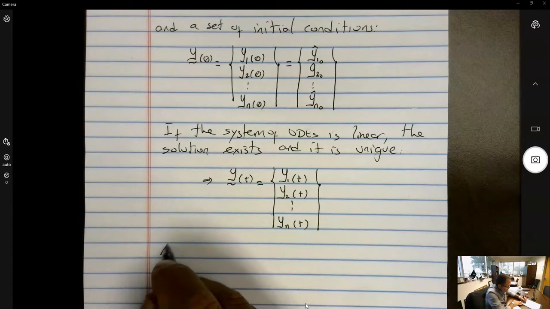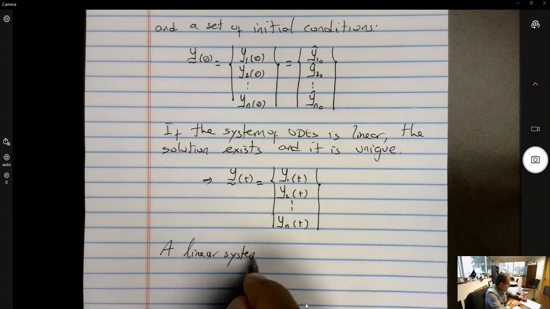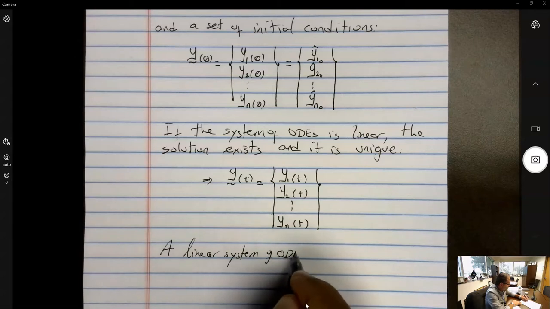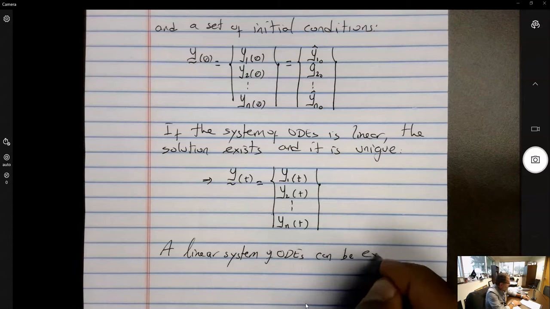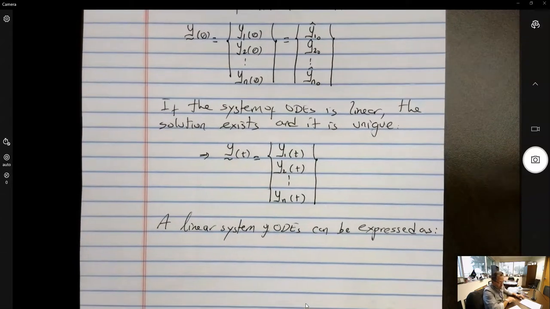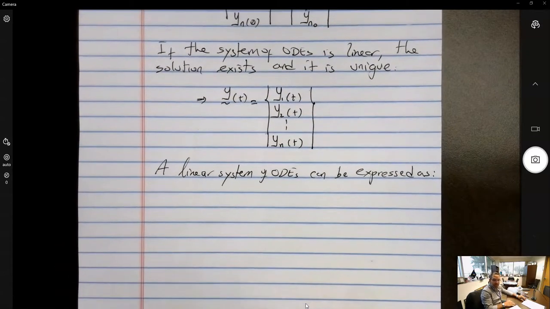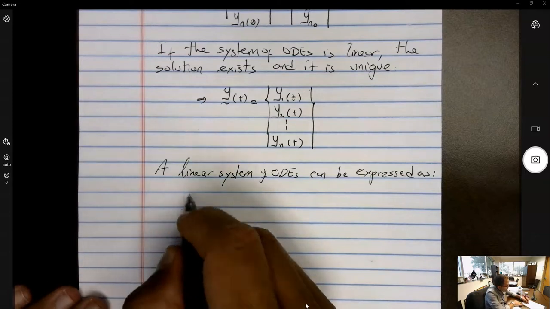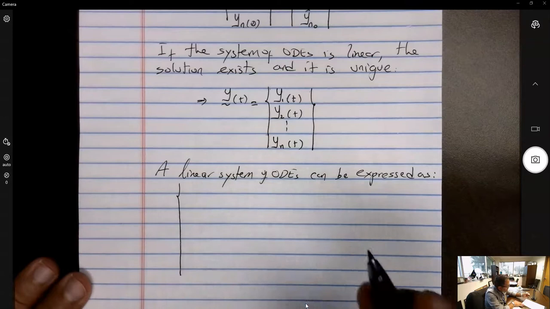Now, a linear system of ODEs can be expressed as follows. Instead of writing it in terms of these functions f, which basically generalize the equations to be either linear or nonlinear, let's now be specific and say that these equations are linear.